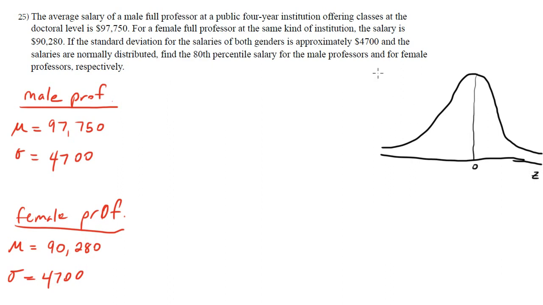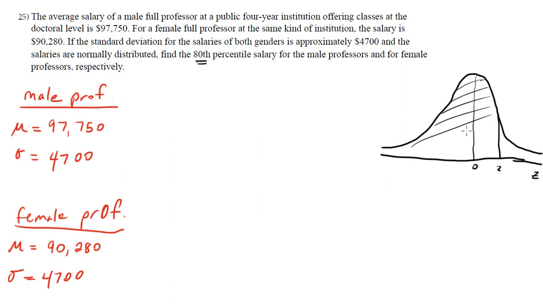So the 80th percentile salary means that 80% of salaries are less than your particular salary. So if I was to draw that on this normal distribution, it may look something like this. There's my Z that I don't know.